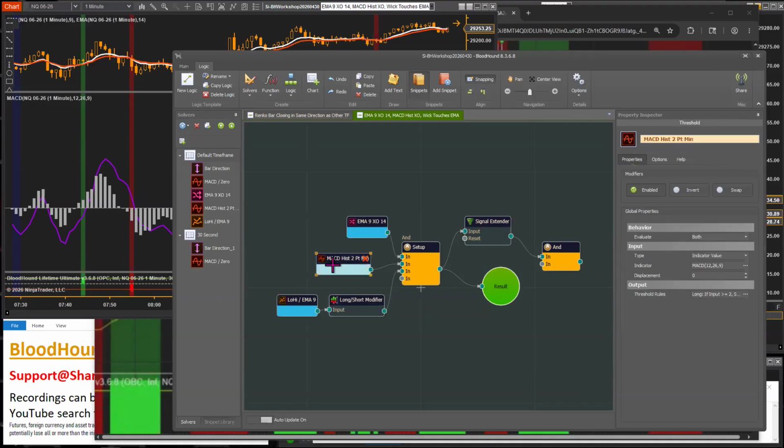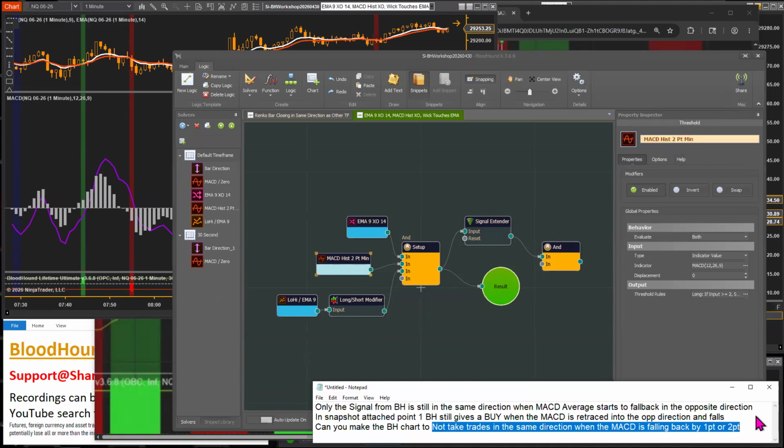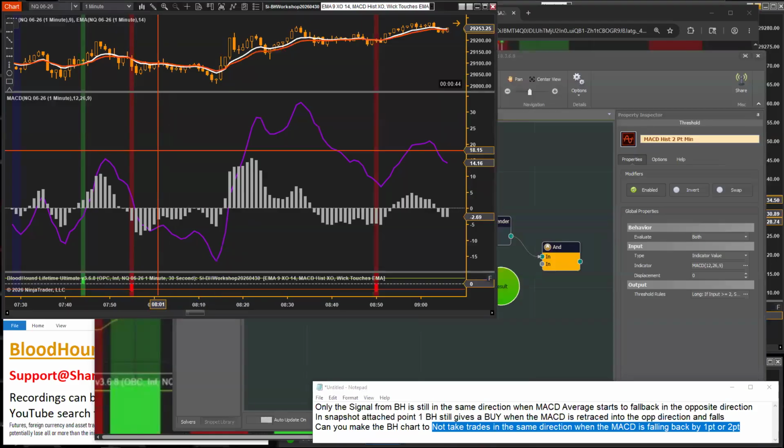Another difference is this is looking at the MACD histogram, not the MACD.